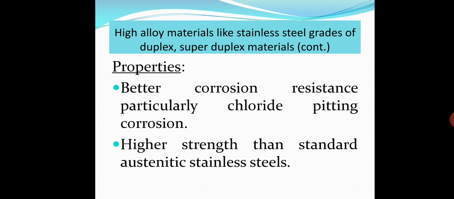This property is highly required to deal with any chloride-forming atmosphere because it has high corrosion resistance towards chloride pitting corrosion. Another property is higher strength than any other standard austenitic stainless steel.